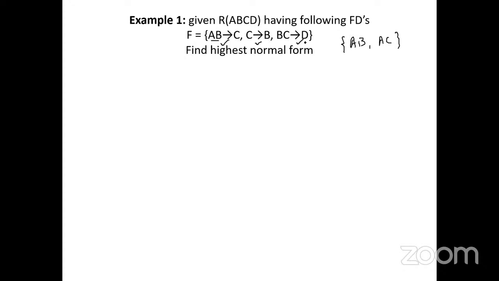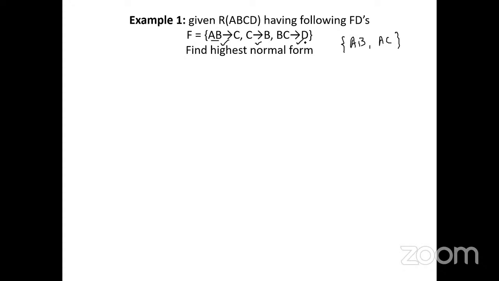Now what to do in such case? Obviously BC is not a key, but B and C both are prime. So this is one of the cases where we have to decide whether the third dependency, BC gives D, satisfies the rule of second NF or not, whether it is a partial dependency, and what to consider it.